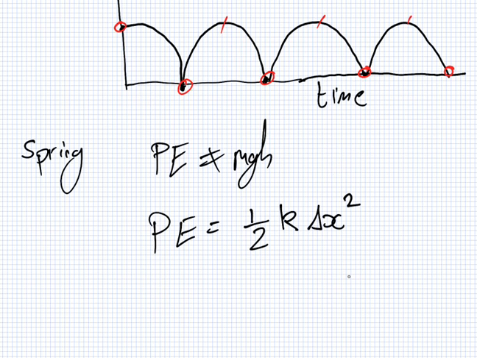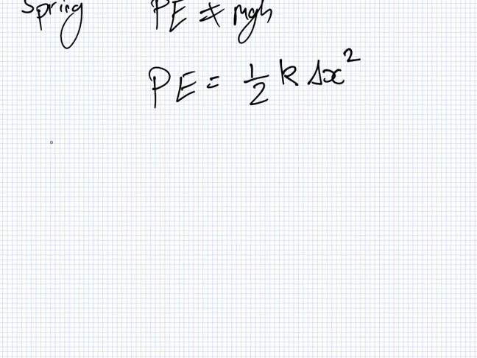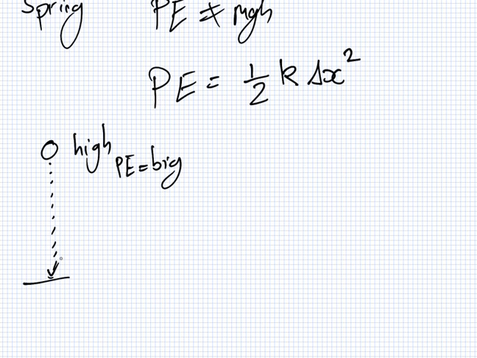Yeah? If you picture here, do you remember if you have the ball up and it's really high, its potential energy is really big. And then as it falls, what happens to the potential energy? It becomes zero. Where does this energy go? It goes into kinetic energy, which will now be very big.